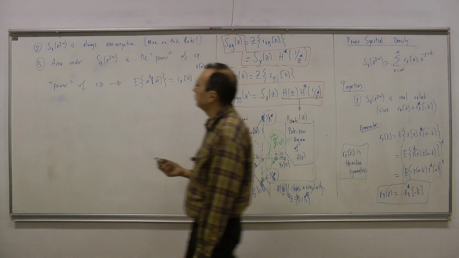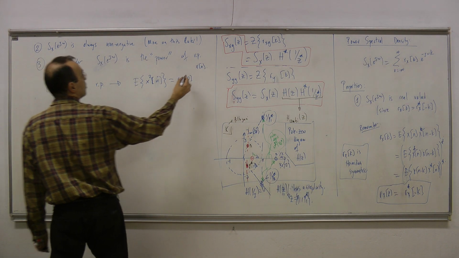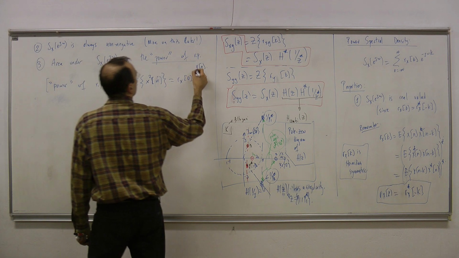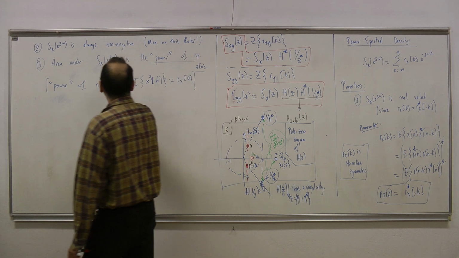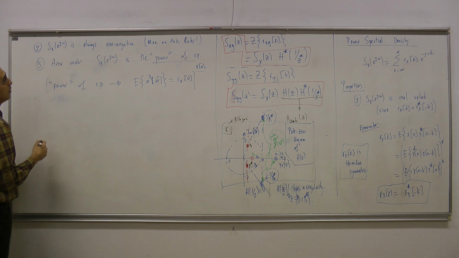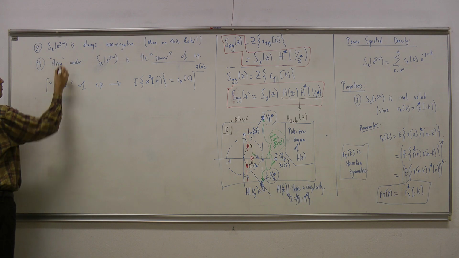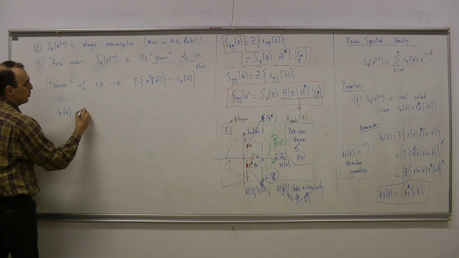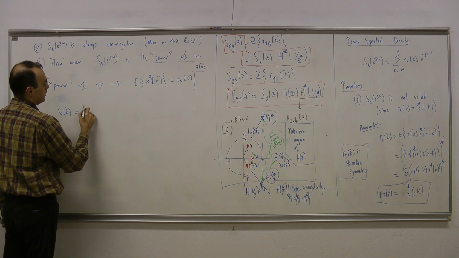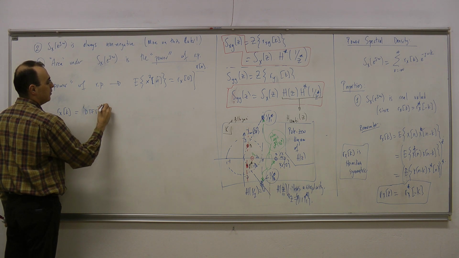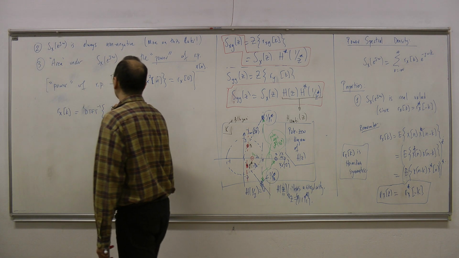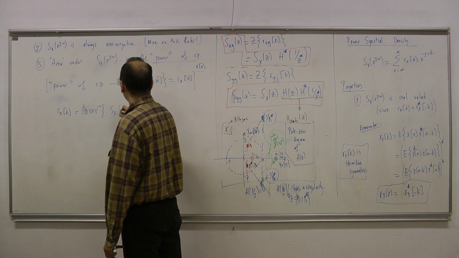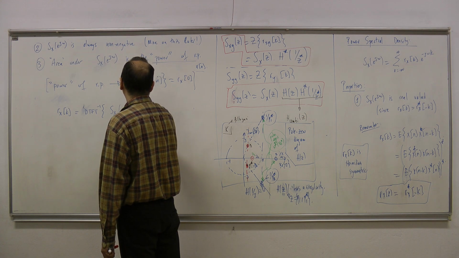Now, what is going on? So this is the explanation of this power of random process. Area under this. Rx of k is equal to inverse DTFT, let me write this, DTFT inverse of Sx e to the j omega.